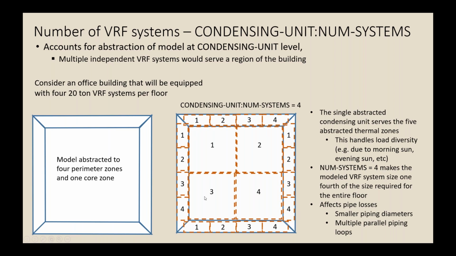So you have to play around with the abstraction and figure out what makes sense for you. But this is an example. I won't go through the finer details of it. But again, my last comment here is that this affects the pipe losses, and it's important to get the abstraction adjusted so that you get reasonable pipe losses in the model.